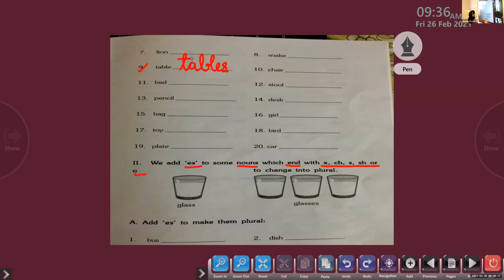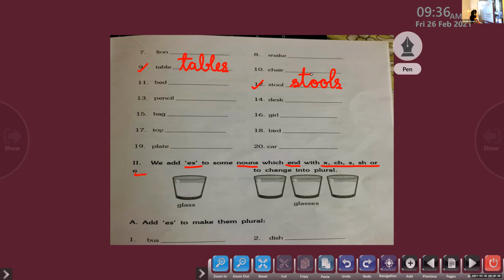Thank you. Evelyn, try number 12. Evelyn, unmute. STOOL. Stool. What is the plural? Spelling. STOOLS.